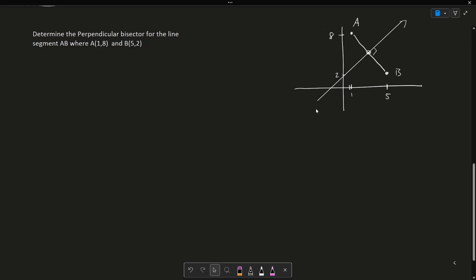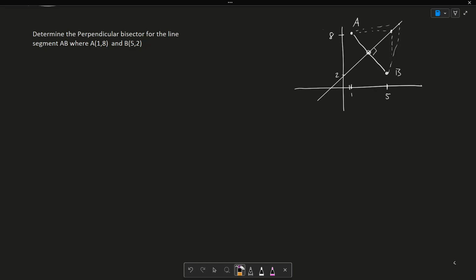One interesting geometric characteristic that a perpendicular bisector has is that every point on it is equidistant from A and B. So for example, if I choose a point here, it's the same distance from A as it is from B. If I choose another point here, it's the same distance from A as from B, and so forth.